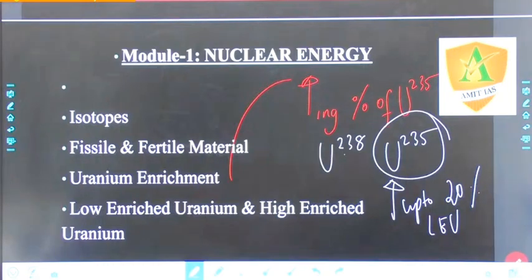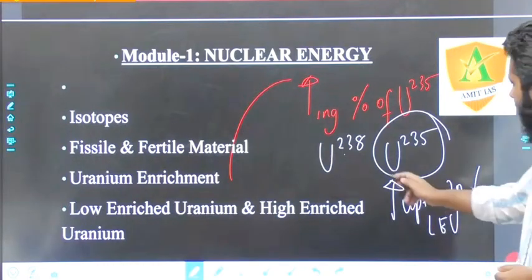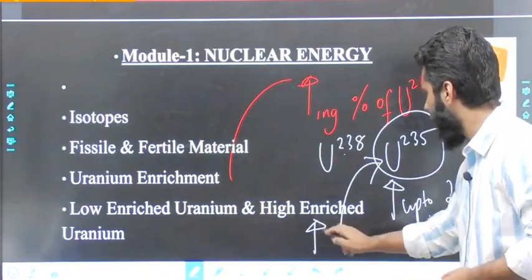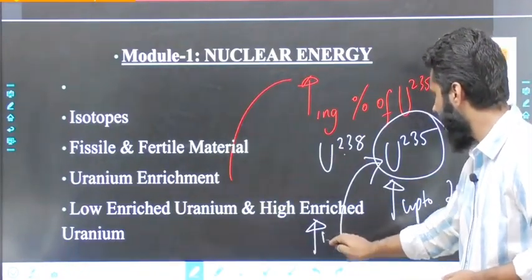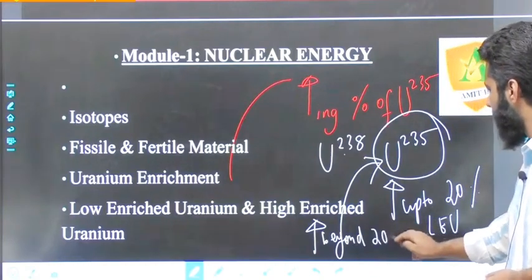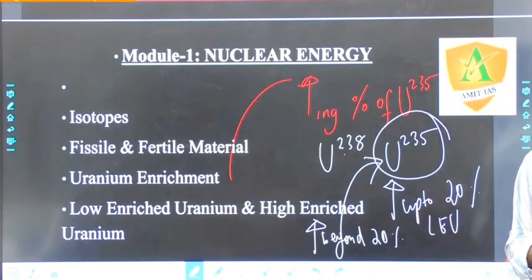Okay? And if you are increasing the percentage of uranium 235 beyond 20%, then it is high enriched uranium.